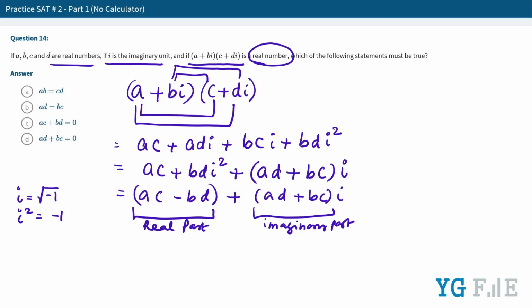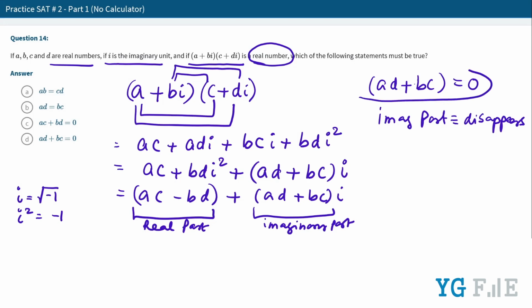How can we make it disappear? We simply set AD plus BC equal to 0. If we make this 0, then the imaginary part disappears and we are left with the real part. So the condition is pretty obvious.